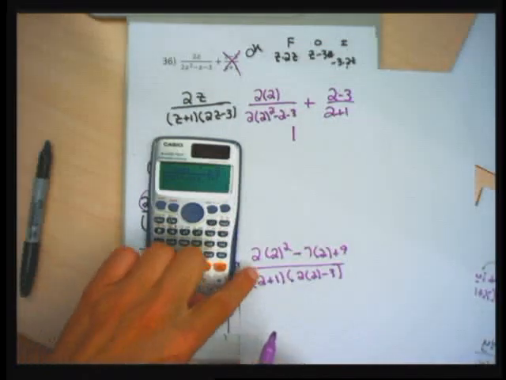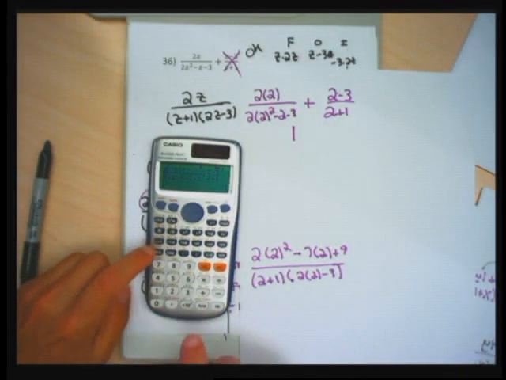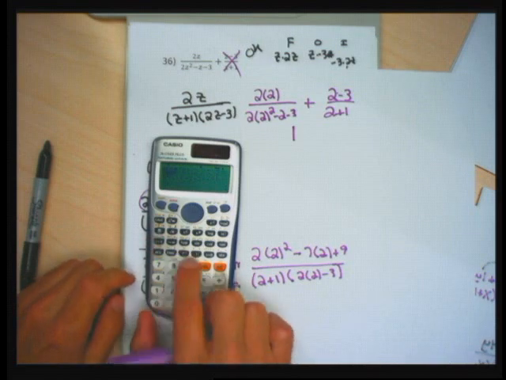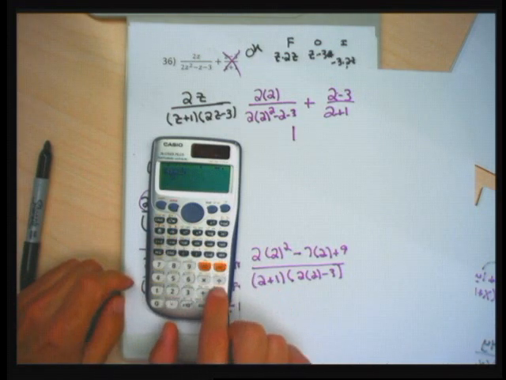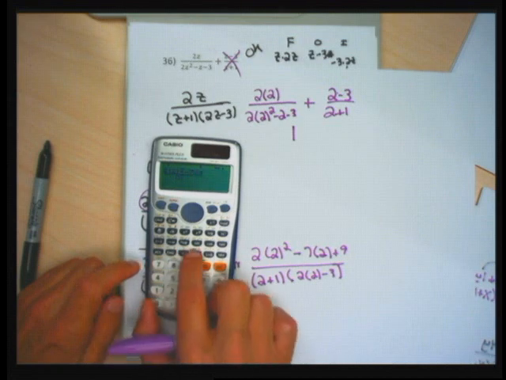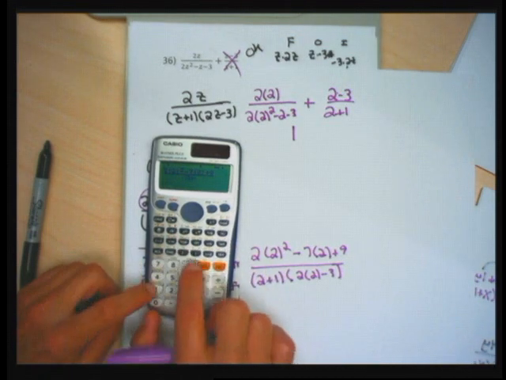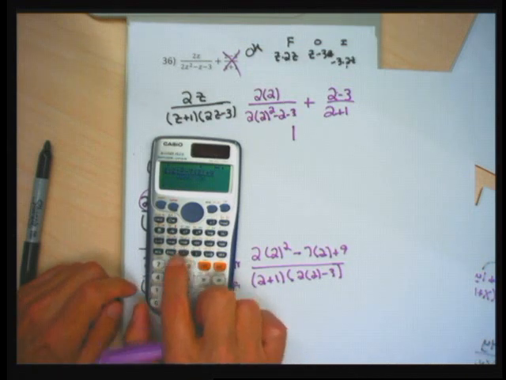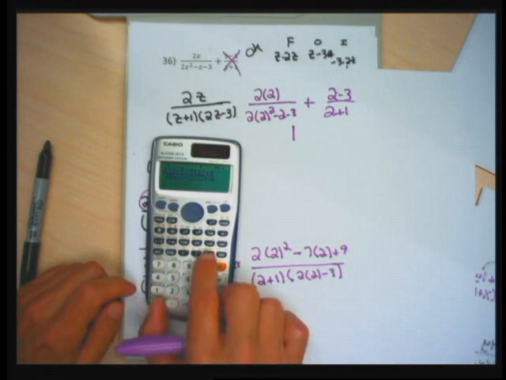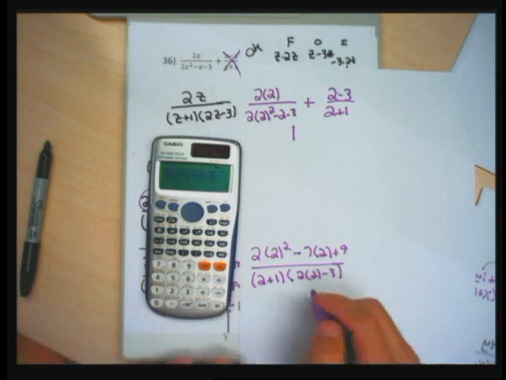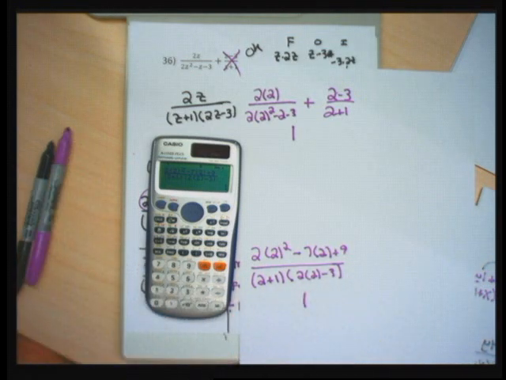And this next one down here, I do this fraction, 2 times 2 squared minus 7 times 2 plus 9 over 2 plus 1 times 2 minus 3. And I get 1, thank gosh. So I'm pretty good on this answer.